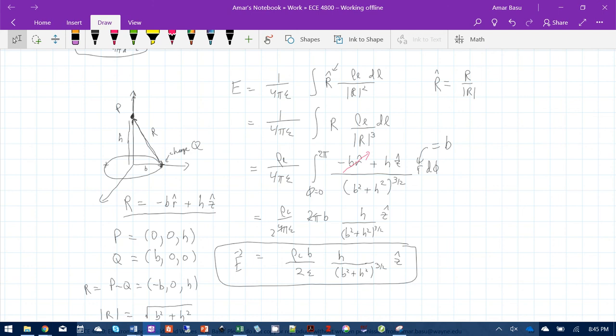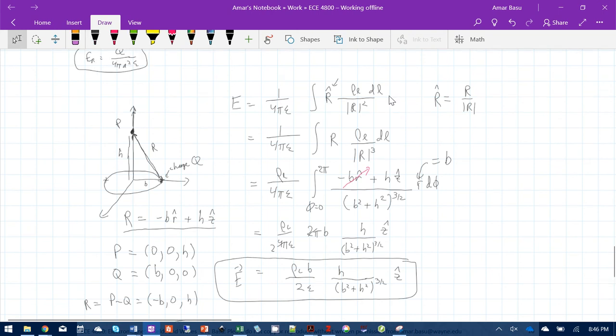All right, thank you for the corrections. You treated R hat as 1, like this one here. You're talking about this R hat, this one. Yeah, that one, that R hat has to point from the location of charge to the observation point.